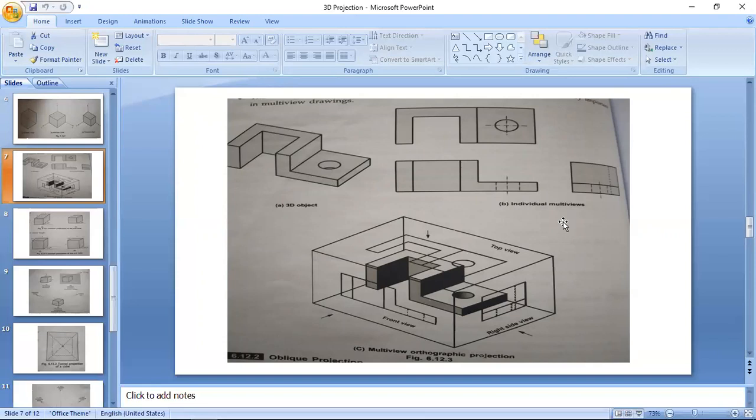All orthographic views must be looked at together to comprehend the shape of the three-dimensional object. In this diagram, you will get a clear idea of the multi-view drawing or multi-view orthographic projection.